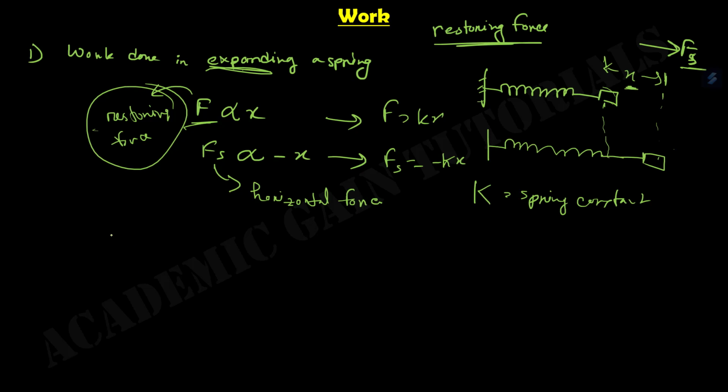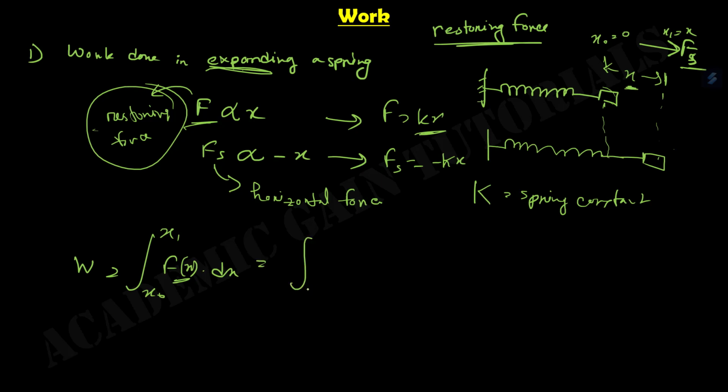To find this work, we will integrate. Suppose this is our equilibrium point, x naught equals 0, and this is our expanding point, x1 equals x. So we have to find the integral from x naught to x1 of f(x) dx, and here f(x) means kx.